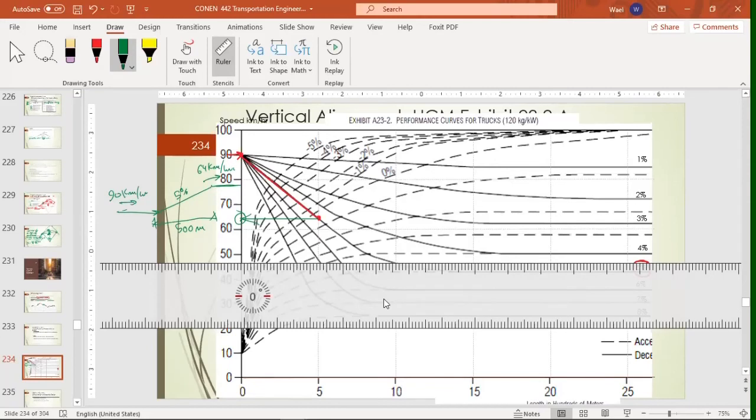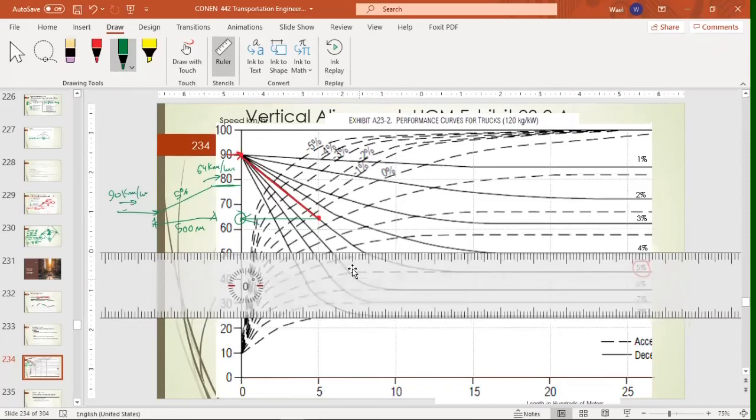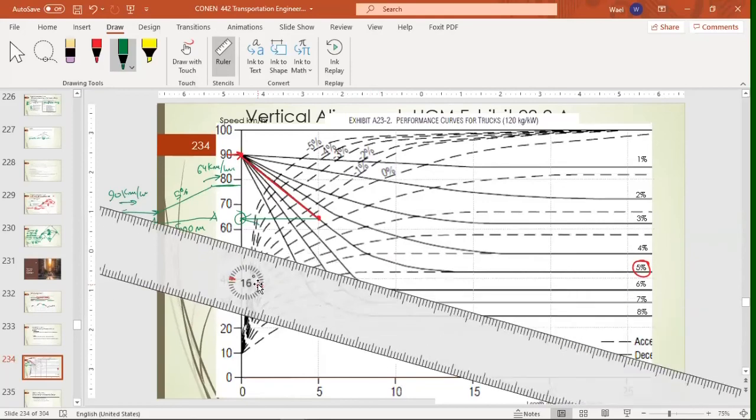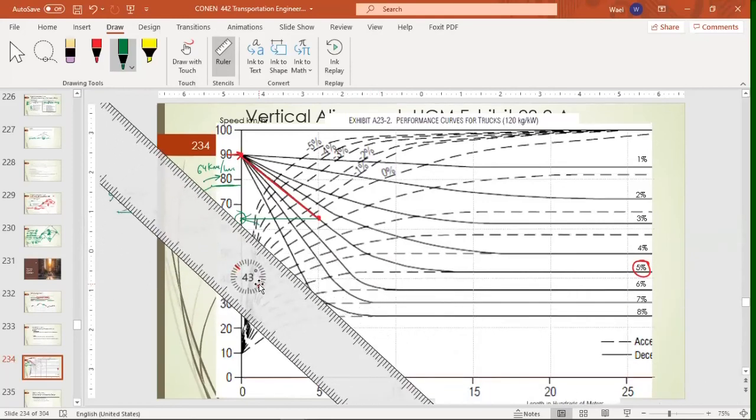Okay. For example, if it drives more than this, let me just try to elaborate on this more.